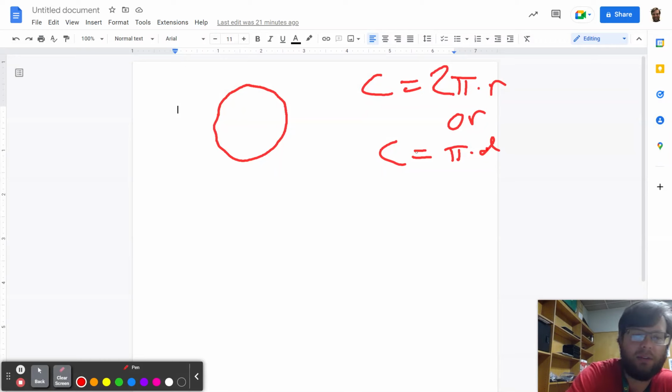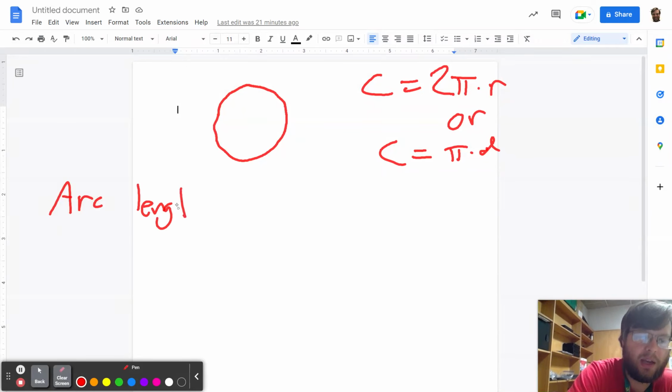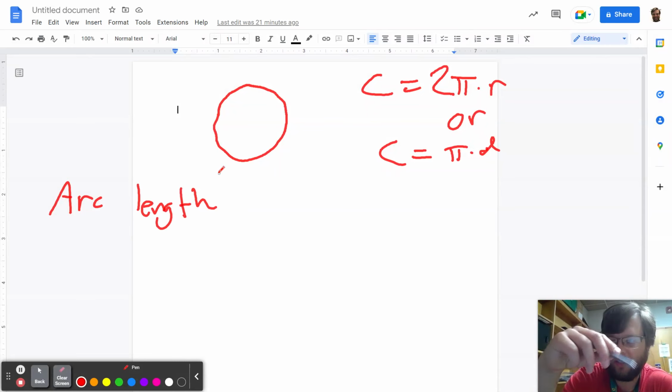And so the idea of arc length is, how long of an arc do you have? How long of a section do you have when you're only going partially around the circle? And so the big idea behind arc length is that you always want to figure out what fraction of a circle you have.